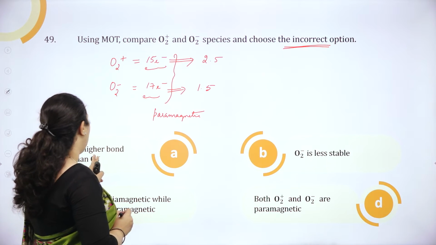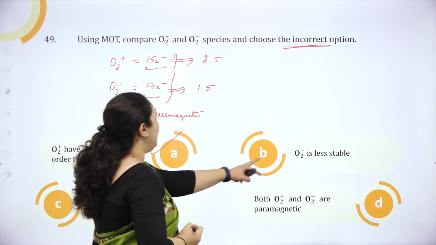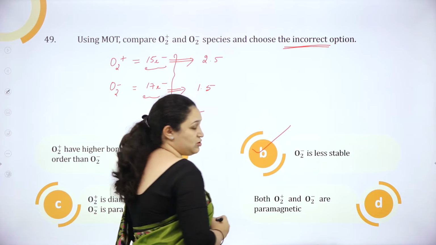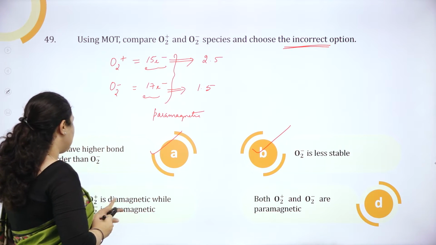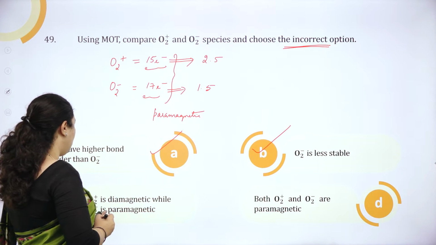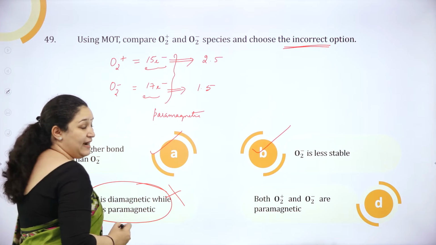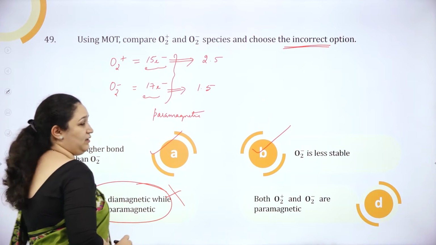O2 plus has higher bond order than O2 minus. This is right. O2 minus is less stable. Correct, because if bond order is less, the stability is less. So this also is correct. Option C says O2 plus is diamagnetic and O2 minus is paramagnetic. This is where the statement is wrong, and this is the option which you are supposed to tick.